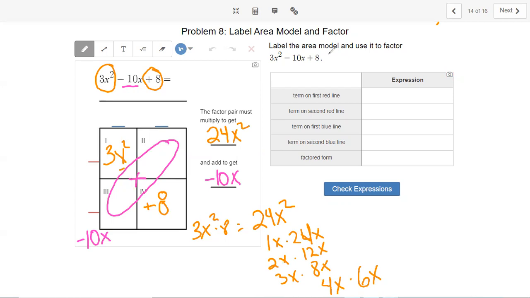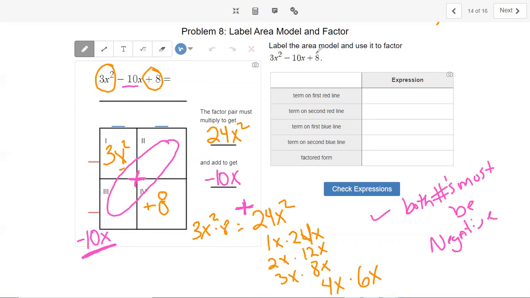Now, what we need to do is find which one of these sets will get us a negative 10x. Well, let's think about it. We are multiplying to a positive 24x squared and adding to a negative, that would mean that both numbers must be negative.